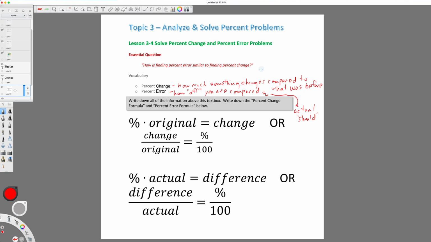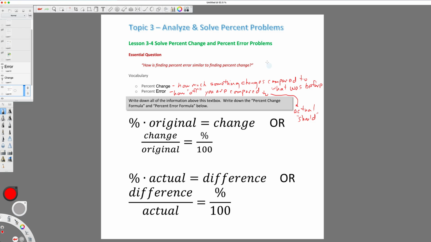So if I am doing a measurement or I'm estimating, like if I estimate that I have 25 students in my first hour class, how many students I actually have compared to how far off I am, that comparison is what percent error measures. How far off you are compared to what it actually should have been.